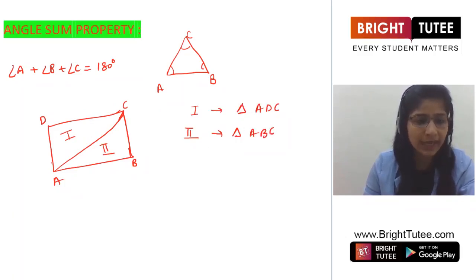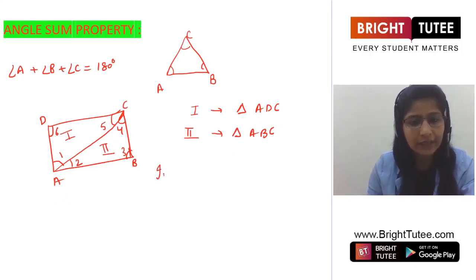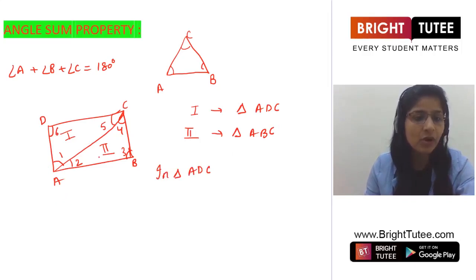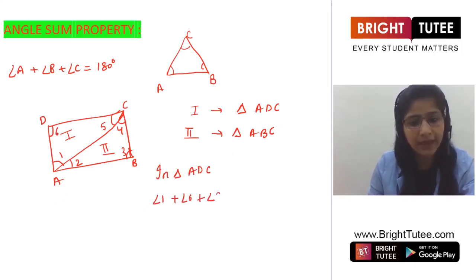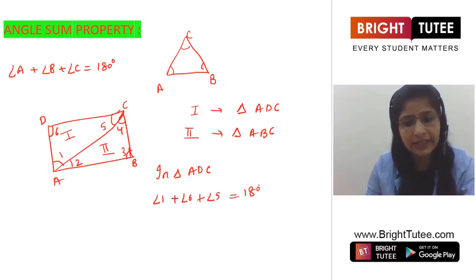So let us name the angles first. So let me name 1, 2, 3, 4, 5 and 6. These are 6 angles that we can see here. So in the first triangle ADC, we see that the sum of angles 1 plus 6 plus angle 5 is equal to 180 degrees.